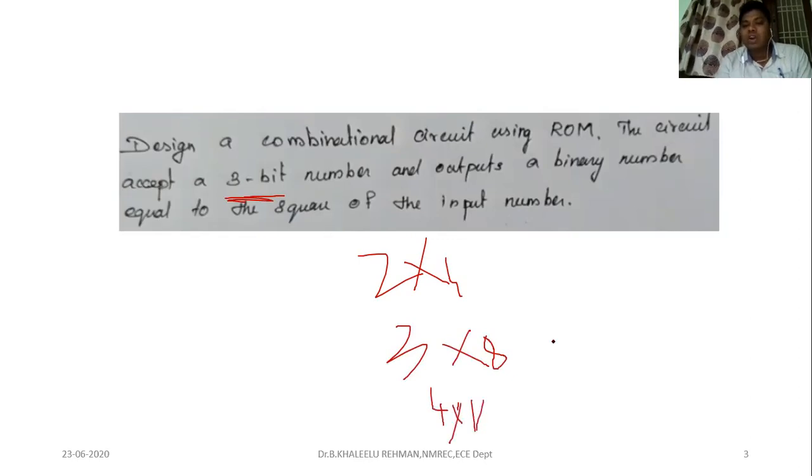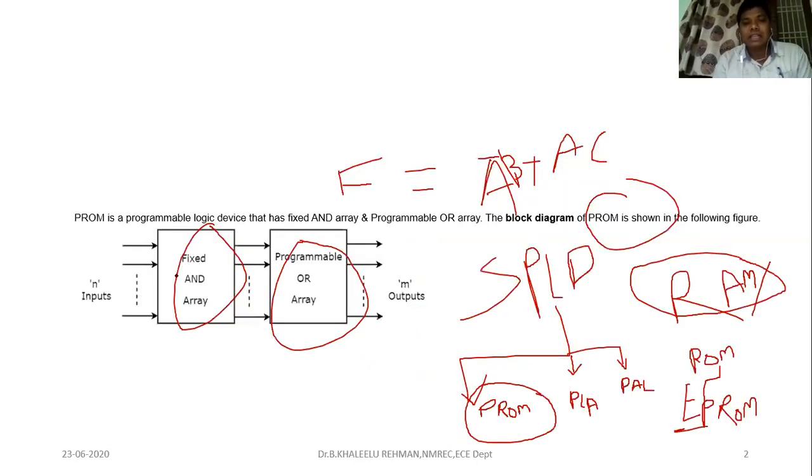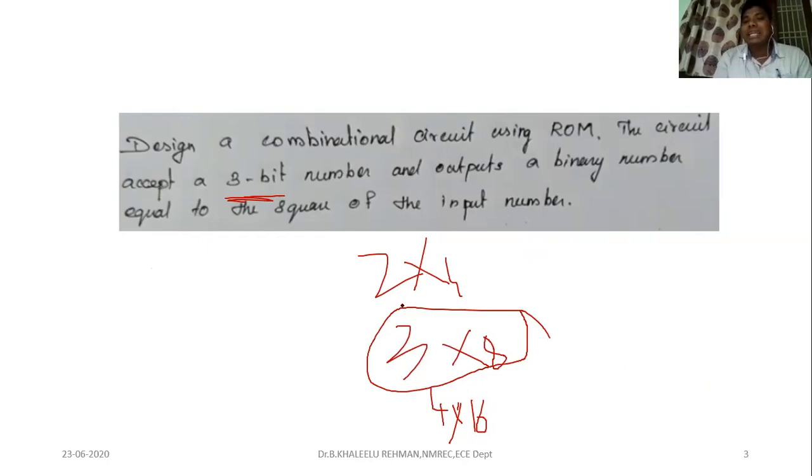A 3x8 decoder means 3 inputs and 8 possible outputs. So here the input part is nothing but a decoder, and then we have the M outputs. My input is a 3-bit number, which means the possible combinations are 0 to 7.